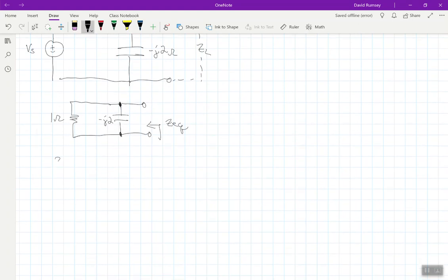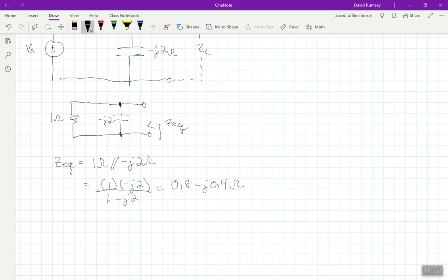And so ZEQ is equal to the parallel combination of these 2 components, which would be 1 times negative j2 over 1 minus j2, which is equal to, let me just do that computation real quickly. This is equal to 0.8 minus j0.4 ohms.